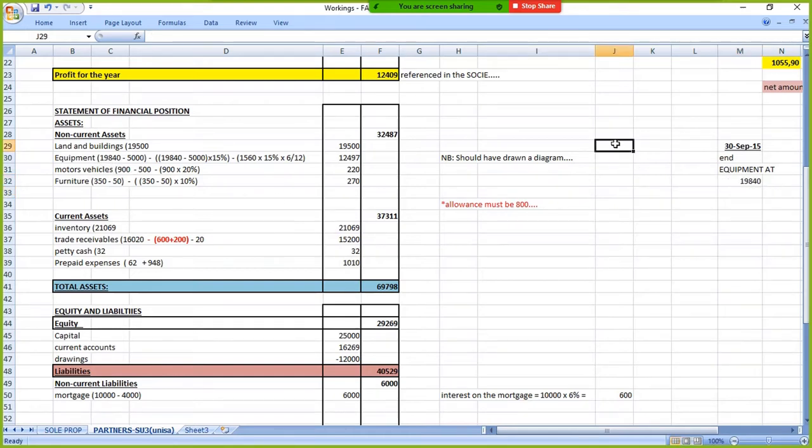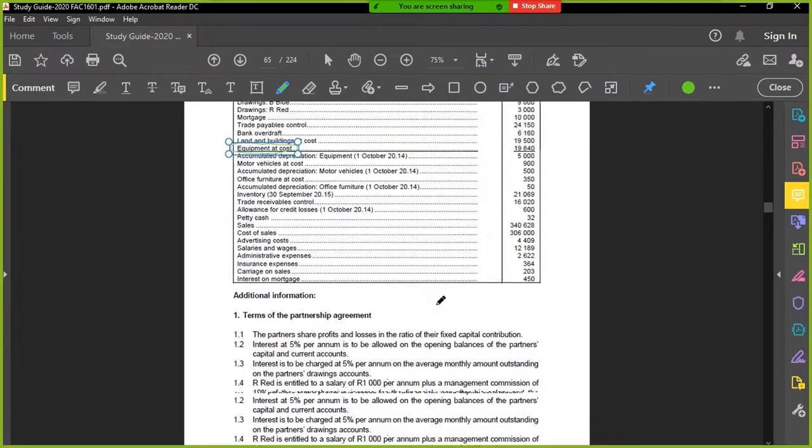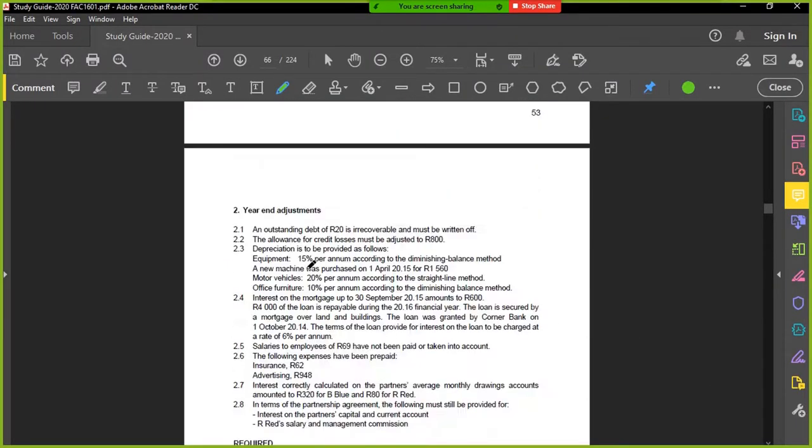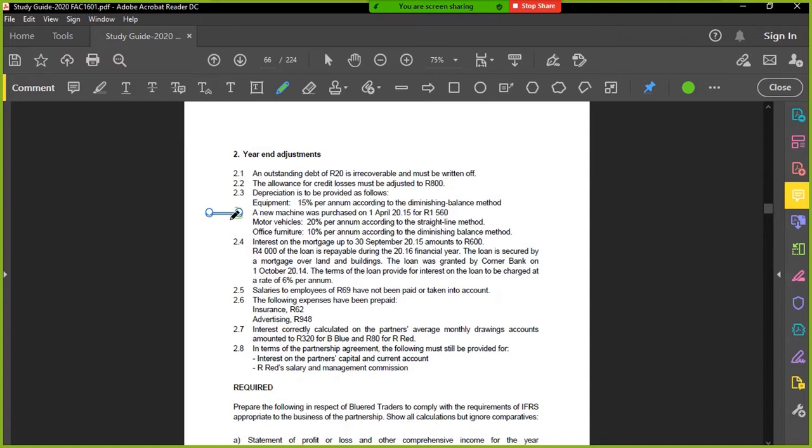So obviously the beginning would have been October 2014. That would have been the start. And then in the question, let's go back to the question. The question said that a new machine was purchased on the 1st of April 2015. That was the 1560.